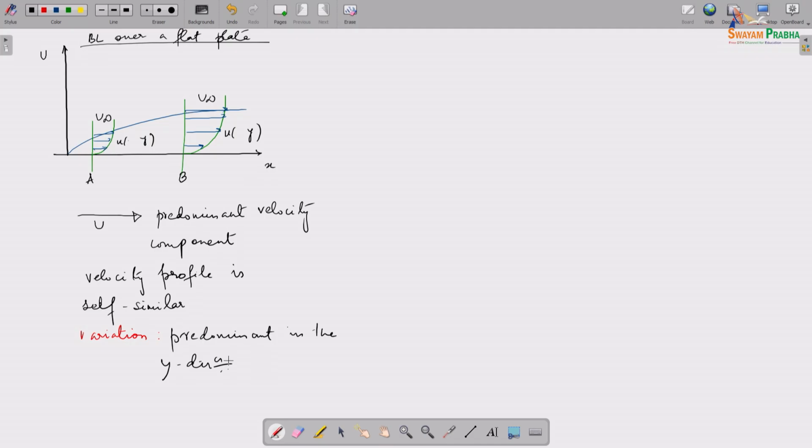Actually, I should basically say this is the y direction. This is the velocity profile, and this is the flat plate.